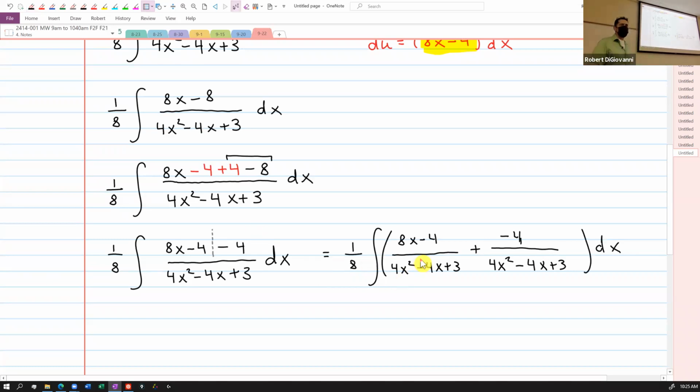I'm allowed to do that, right? This is just algebra, right? I can split it up. I could actually split it into 3 integrals, couldn't I? Like the 8x over this, -4 over this, -4 over this.